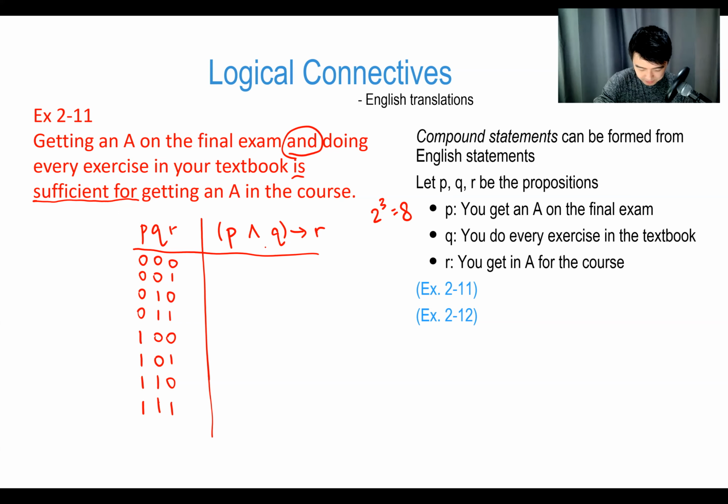So you take a look at all of the cases for P and Q. Both of these cases down here have P and Q equal to 1, so the outcome for those two cases are 1s. Everything else should be a 0. So we have 0, 0, 0, 0, 0, 0, and then 1, 1. That is the outcome for this bracket in here.